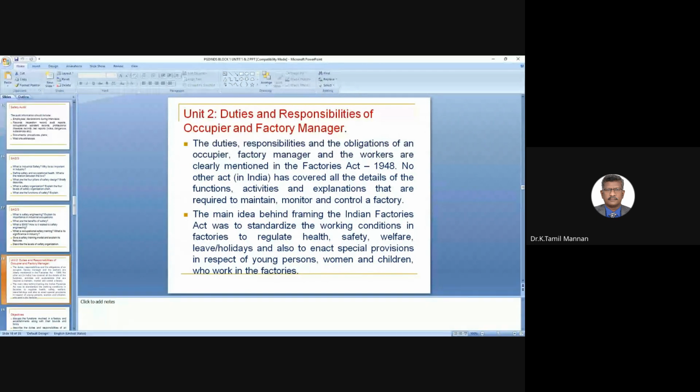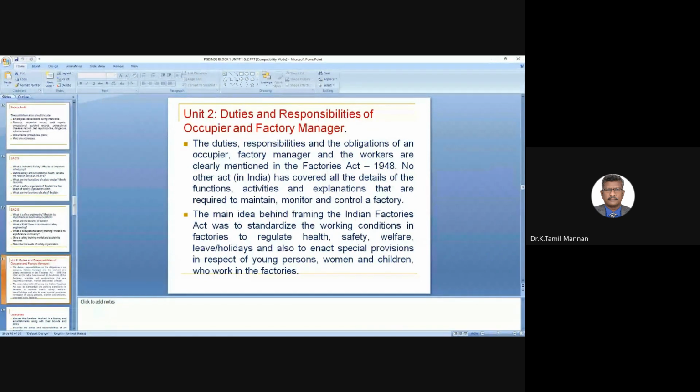Always remember the Factory Act 1948. This is the only act that has the details of functions, activities, and explanation required to maintain, monitor, and control the factory.